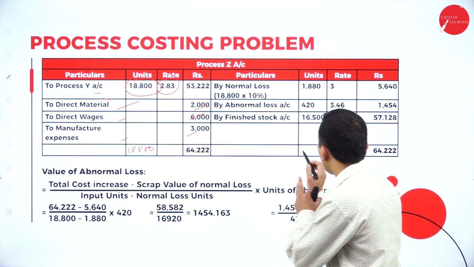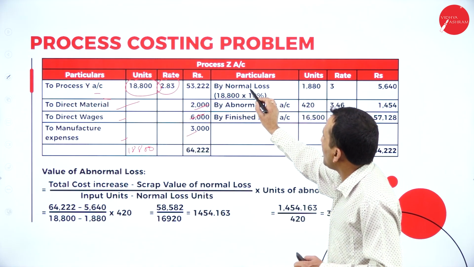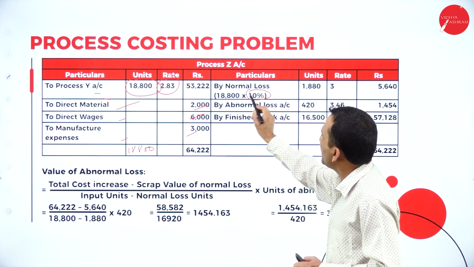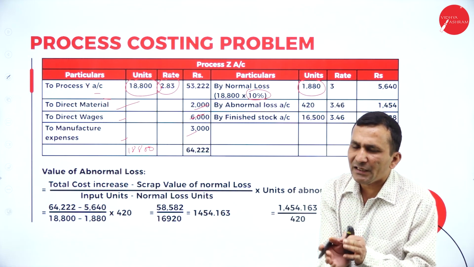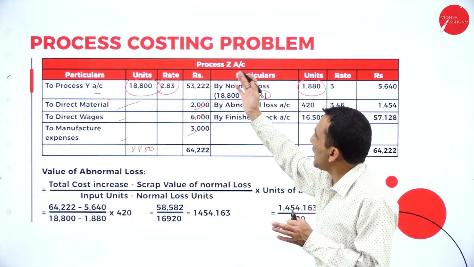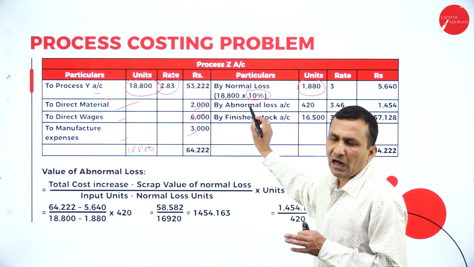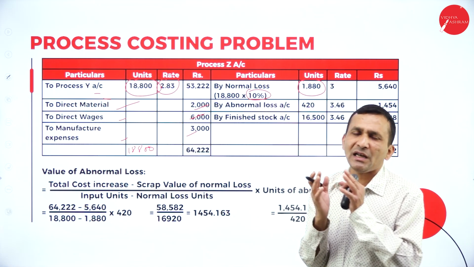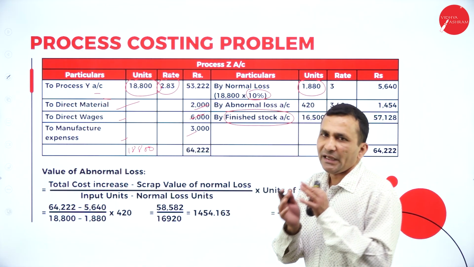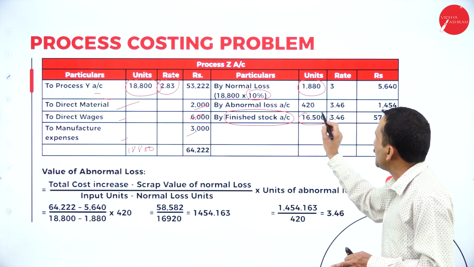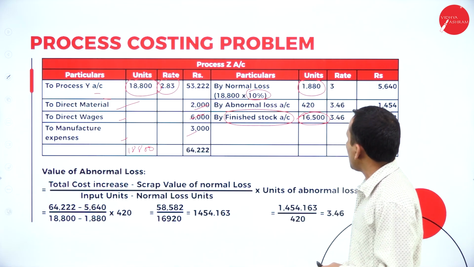From this 18,800, the normal loss unit at 10% is 1,880. In the last process we can't write output. Whatever completes in the last process, we call it finished stock. In the question the finished stock value 16,500 is clearly specified.